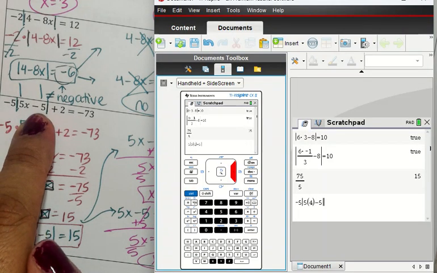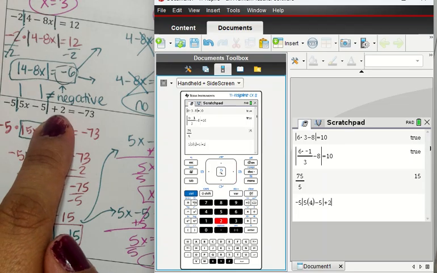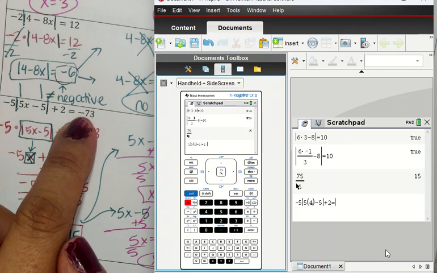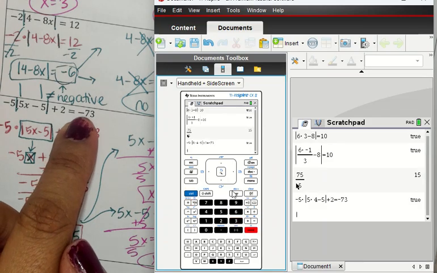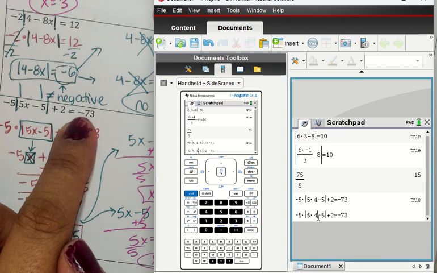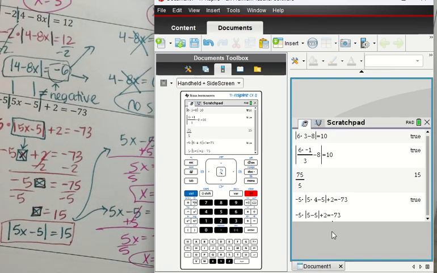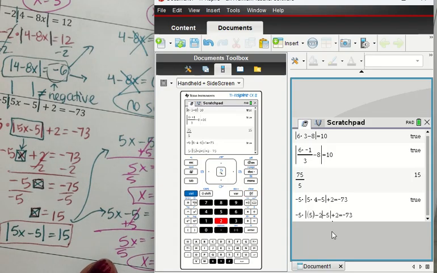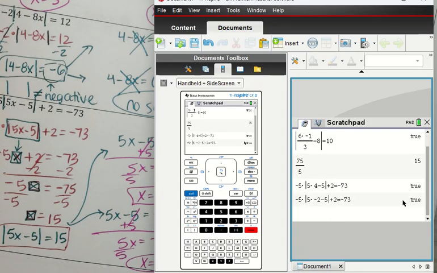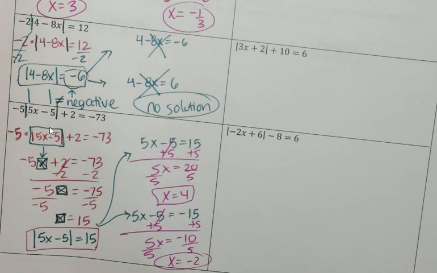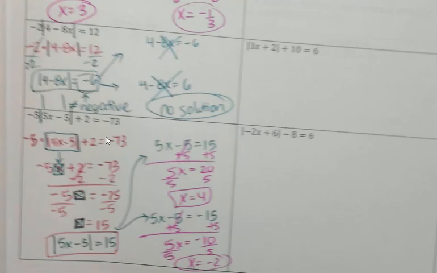Get out of the absolute value, plus 2 equals negative 73. And that's true. So then now let's type it again and replace that 4 with a negative 2. So parentheses, negative 2. And it's true as well. So this confirms that plugging in these two values in here are the correct solutions for this equation.